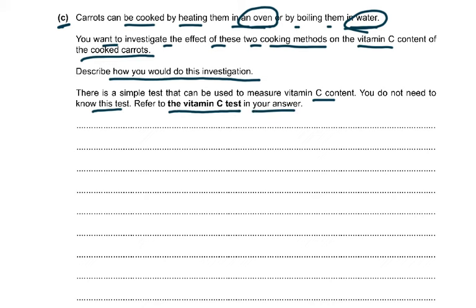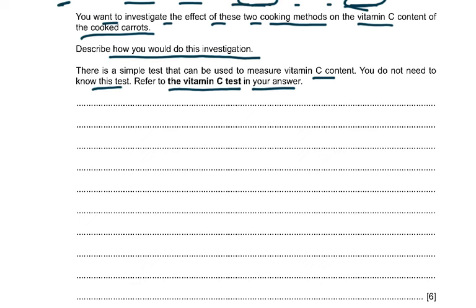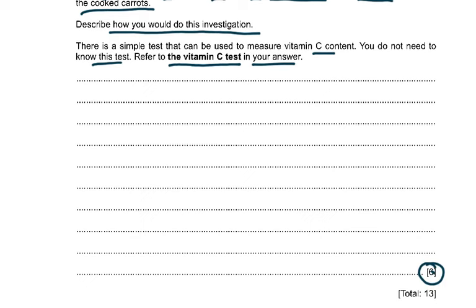So this is a rather long question, and it's a difficult question because there's 6 marks for it, and you need to get good marks in this to be able to get a grade which is sufficiently okay for you. So 6 marks: carrots of the same age or the same type or the same species got you 1 mark. Then the same mass.